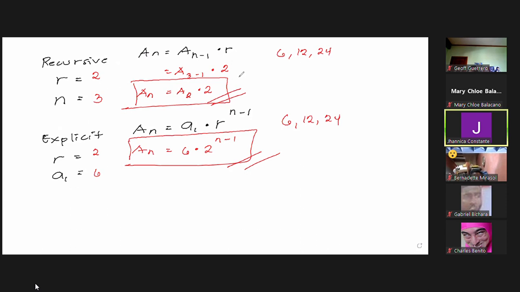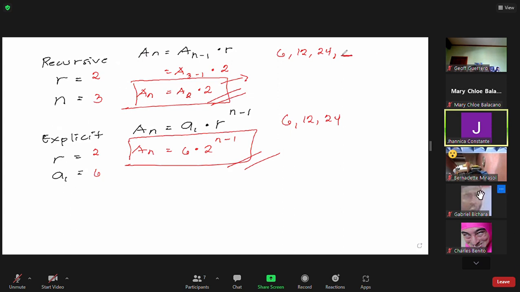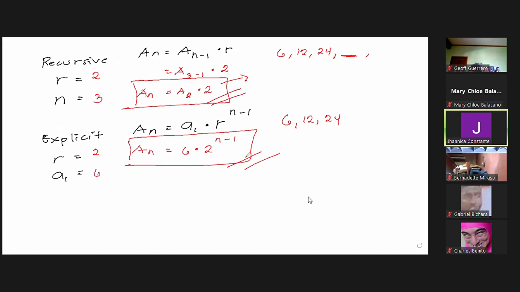Recursive, you're using it to find what will be the next term to 24. Okay? That is what we use to find the next term from the previous term that you have in your sequence. While the explicit, we use explicit in finding the specific term.